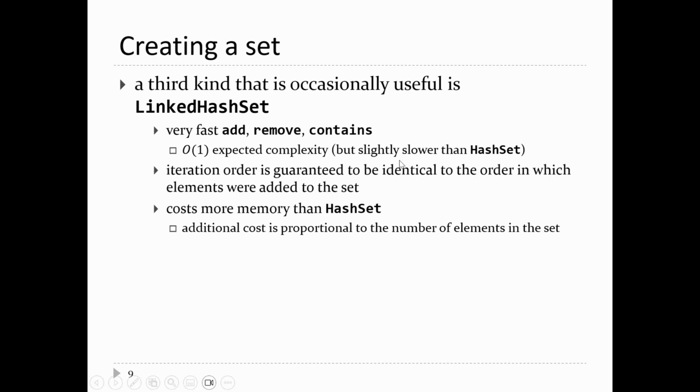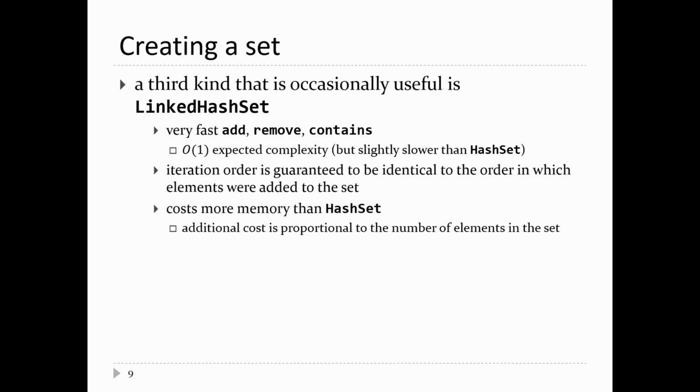Unlike a tree set, a linked hash set remembers what order you put things into the set. So in other words, if you iterate over a linked hash set, you get the elements back out in the same order that you put them in. The way this works is it's a hash set, but it's also a list inside.